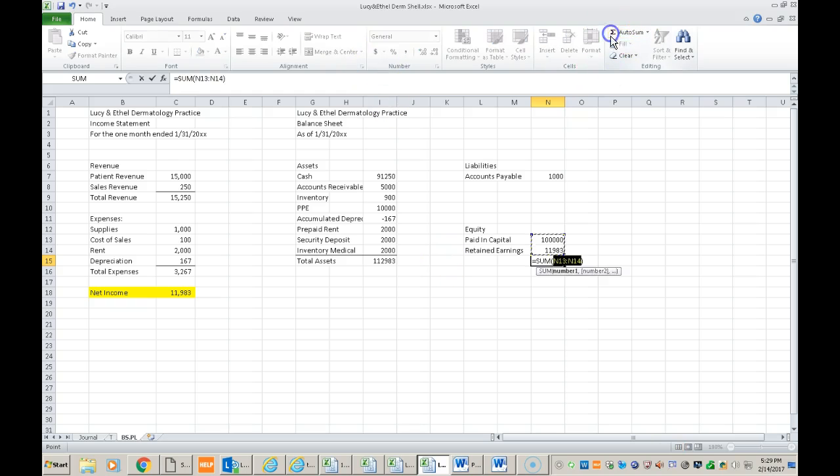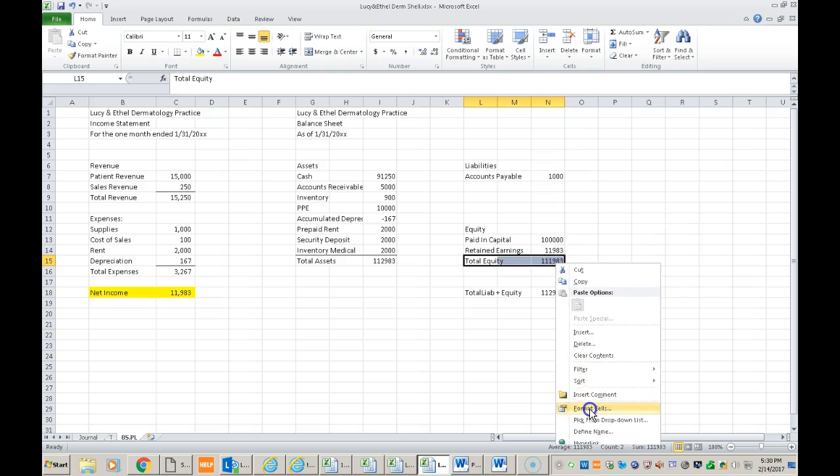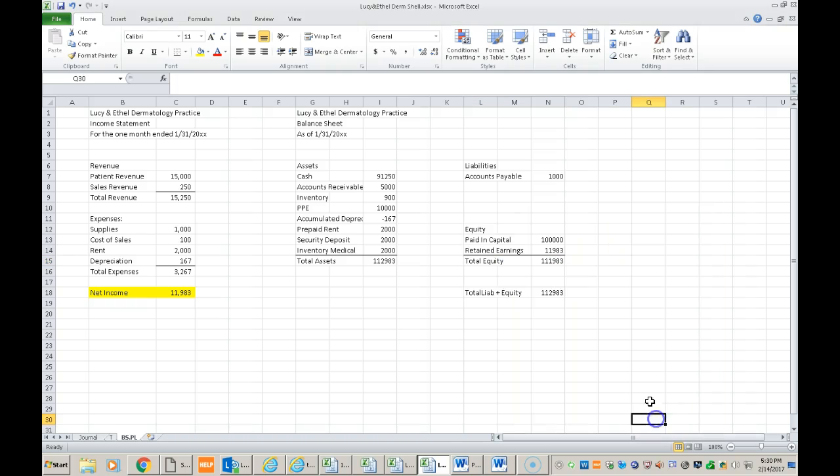So we want to do a sum of our total equity, and then here we're going to have total liabilities plus equity. And those are going to be, I think I got that wrong. Let's see, this plus that. So here you can see that our assets equal liabilities plus equity, right? 112,983, 112,983.